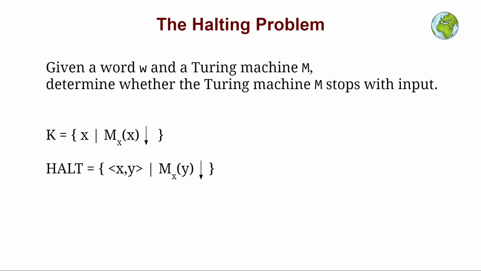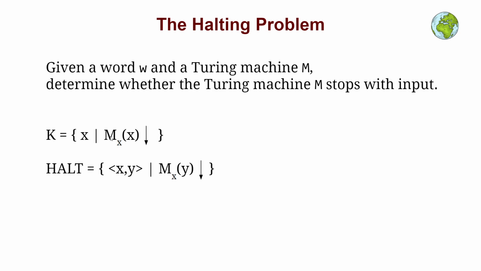For instance, consider this language K that we see here. This language, we can see intuitively that it is the set of programs that stop with input themselves. So basically, this problem K is that for every input X that we have on our program, then the Turing machine X stops with input X. Remember that when we represent that a Turing machine stops, basically it ends its execution, we represent this with an arrow pointing to the bottom.